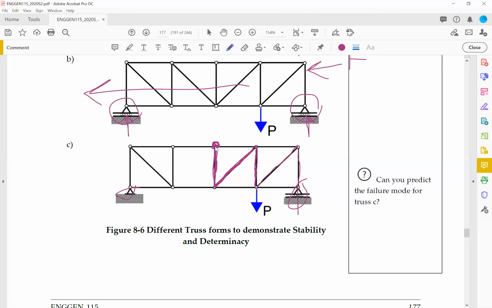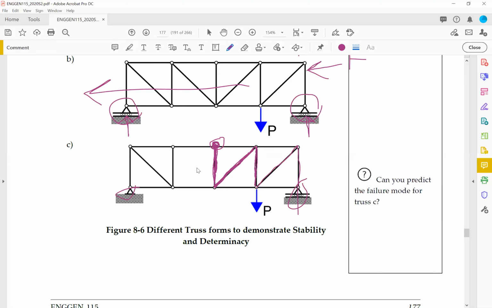But there is no member there. Okay, so that means this joint is actually not stable, meaning that it only has one force acting in the y direction, meaning that it would be pulled down or pushed up. So that's what instability means.